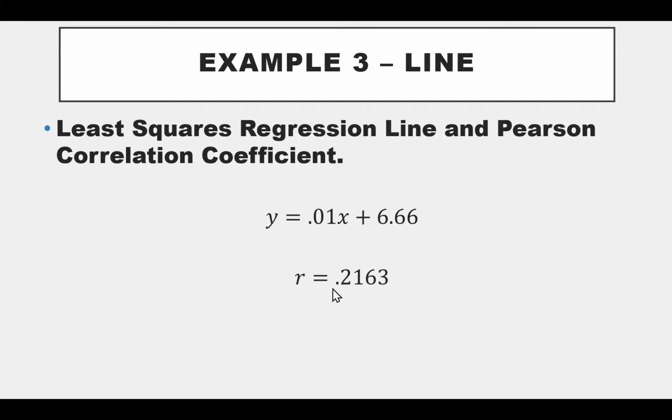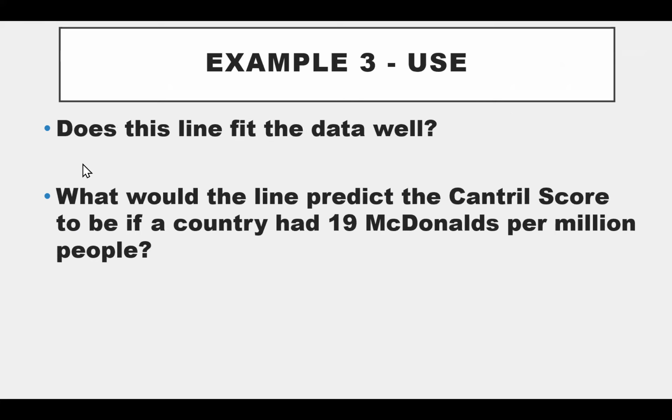Since this value of R is less than 0.75, we can say that this line does not fit our data well. So because the R value is less than 0.75 in absolute value, we say the line does not fit the data well.